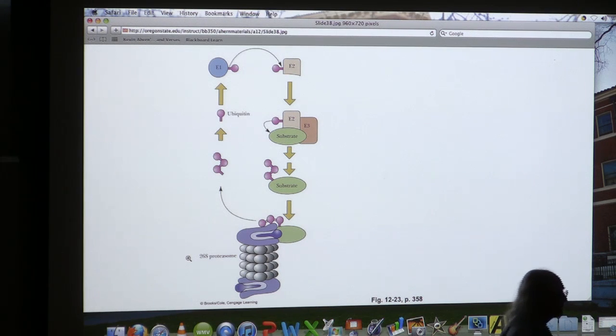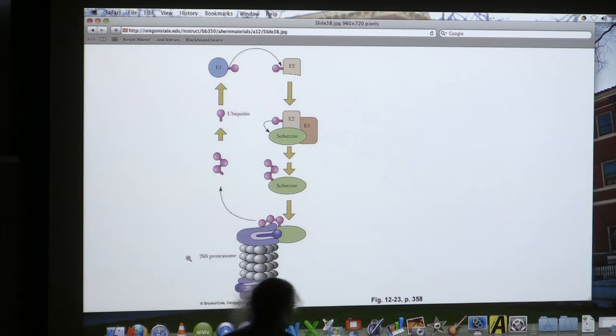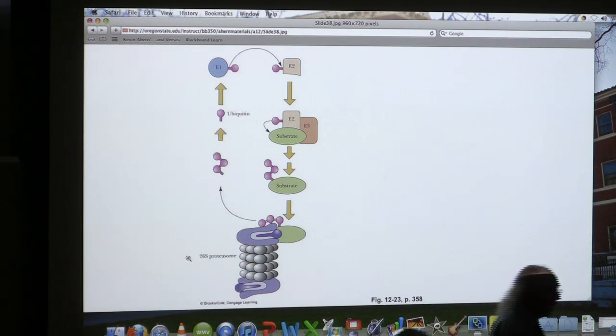What you see on the screen is one scheme that cells use to degrade proteins. And it seems like, wow, that's not very efficient. They make this protein, then they turn around and degrade it. Yeah, that's true. But again, we don't want these problem proteins floating around, so we basically have to recycle everything that we make. The way this is handled is by the attachment of a little flag onto a protein.